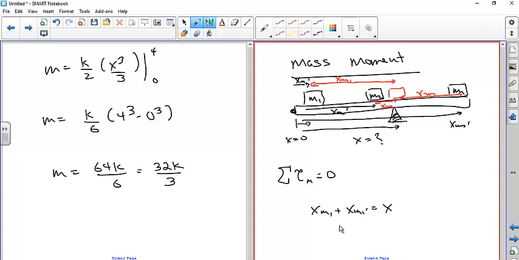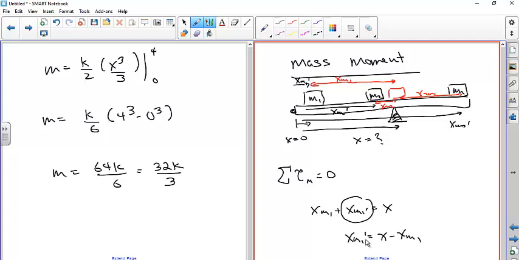So the one that I'm going to use for the torque is x sub m1 prime. That's the distance from here to here, but I can write that in terms of x, so x sub m1 prime is equal to x minus x sub m1.